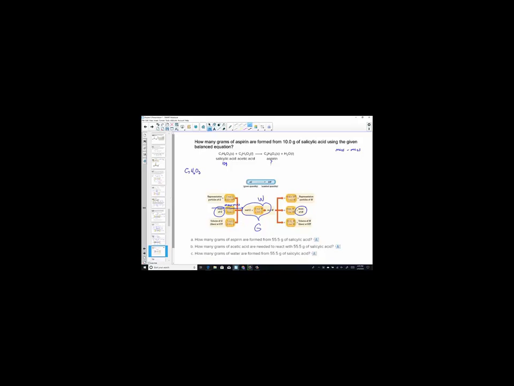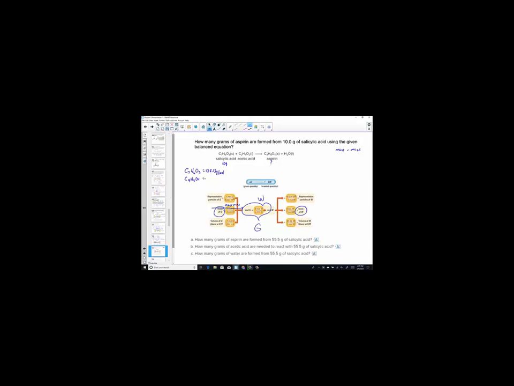Carbon 12.01 times 7, plus 1.01 times 6 for the hydrogen, plus 16 times 3 for the oxygen, so that's 138.13 grams. We're going to need the molar mass of aspirin as well, C9H8O4.